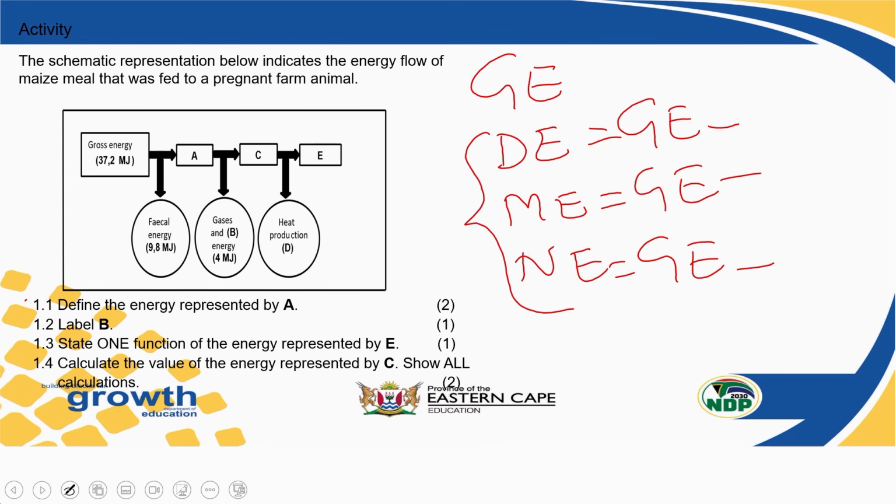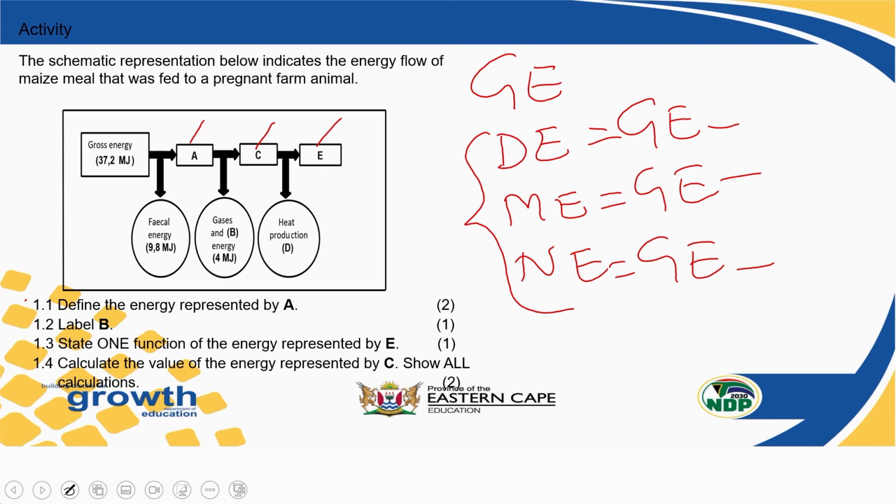Energy losses through gases and urine, B, through gases, it is metabolic energy. Energy lost through heat production, so it is net energy. So you will listen to what is being asked or what is being required. So write down, a good learner, the response for that.